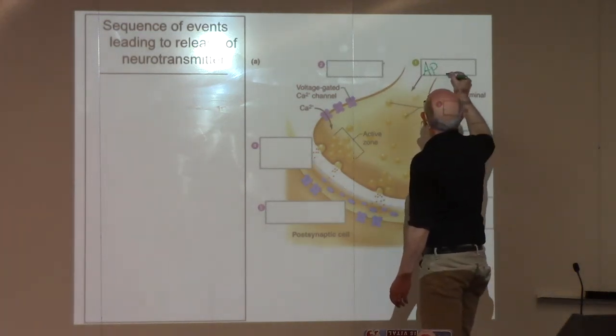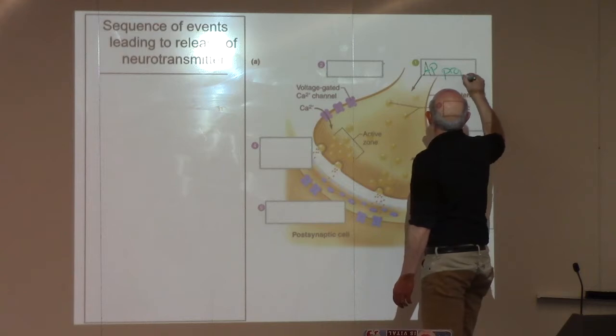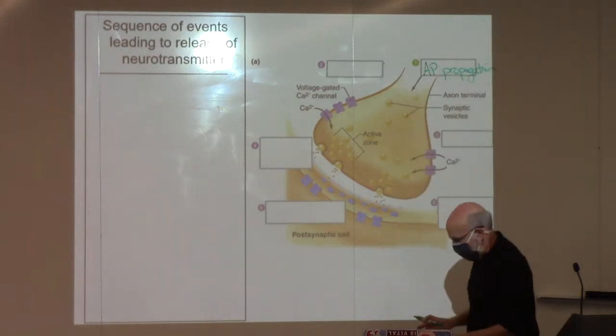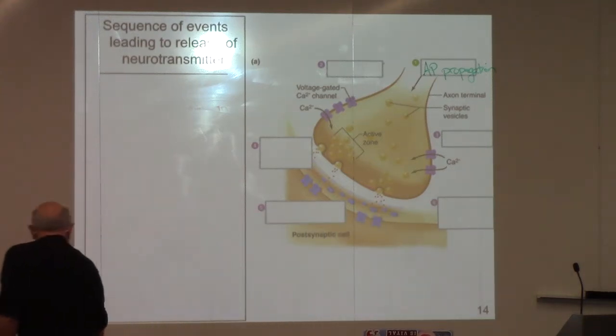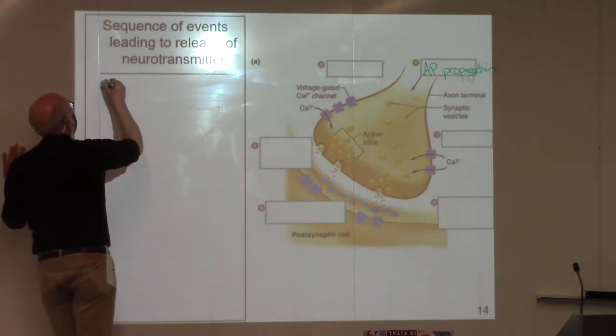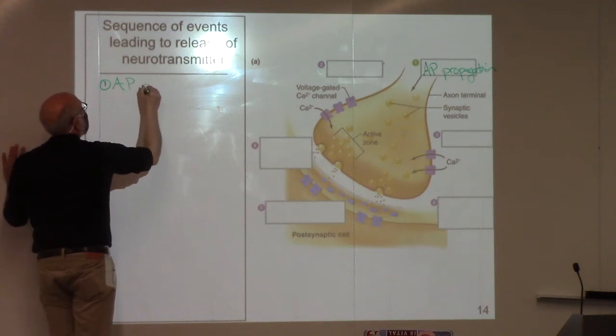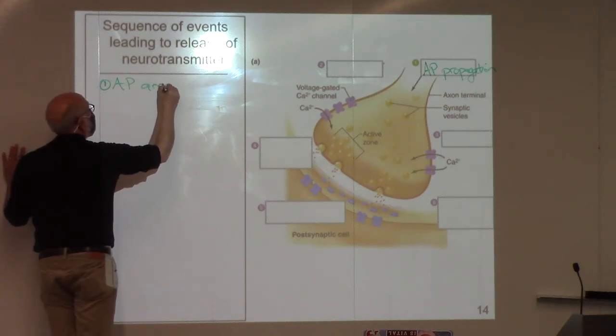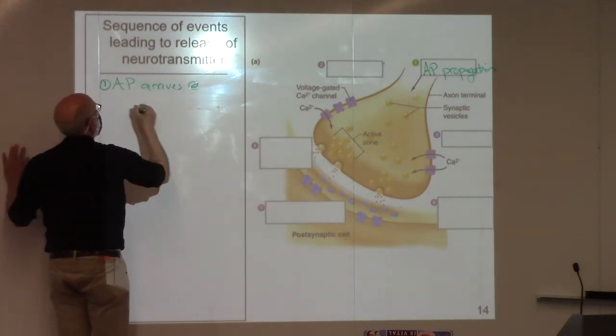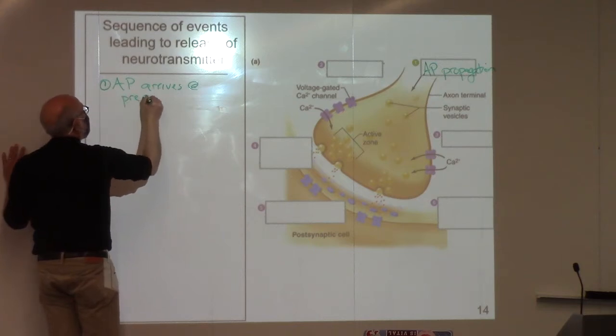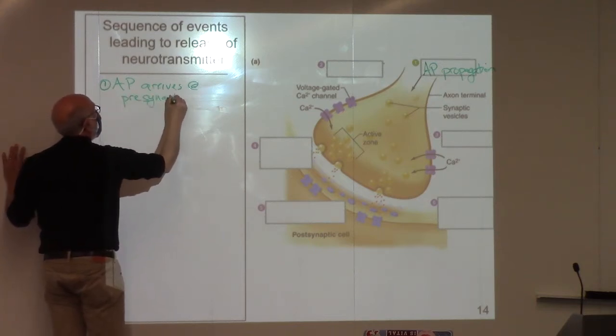Action potential propagation. So, step 1 is the action potential arrives by propagation at the presynaptic terminal.